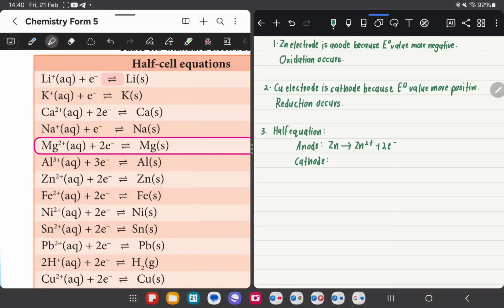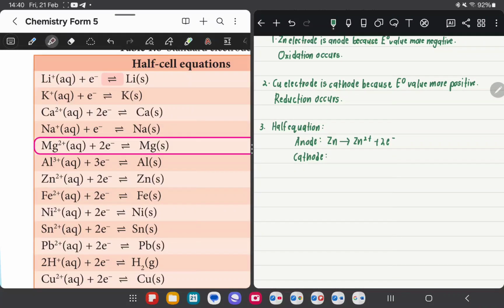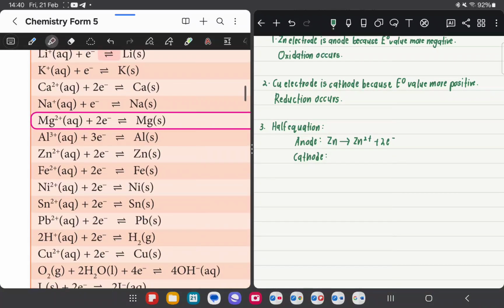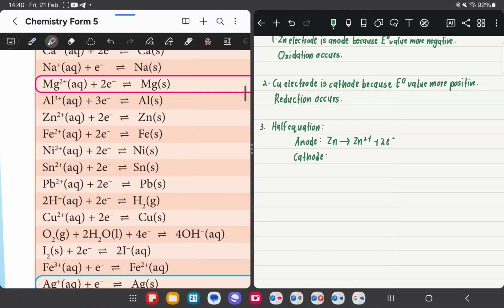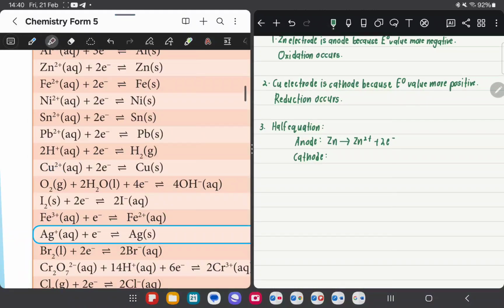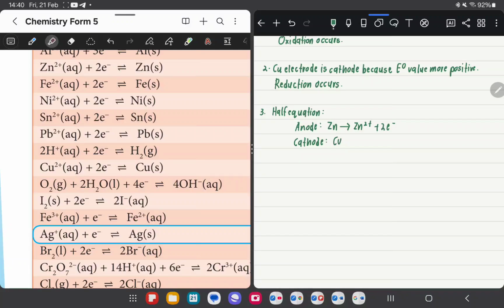That should be your anode. Then your cathode, you know your cathode is copper. Copper undergoes reduction, so just copy back from the table. So this is your copper: Cu2+ plus 2 electrons produces Cu. Okay, so this is your half equation.